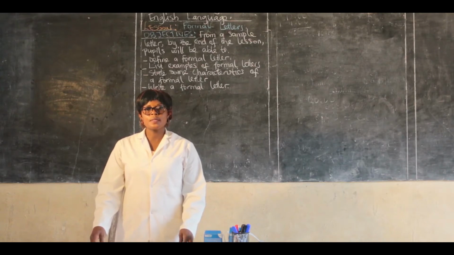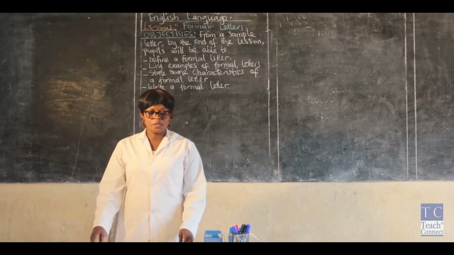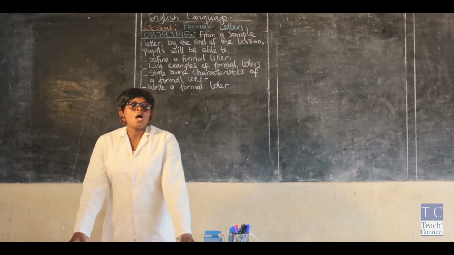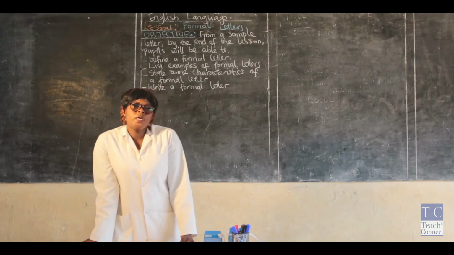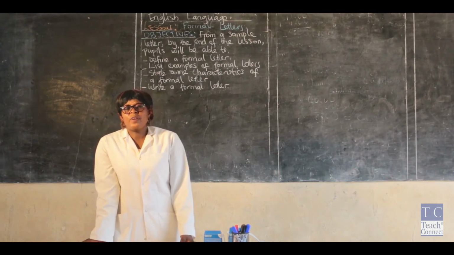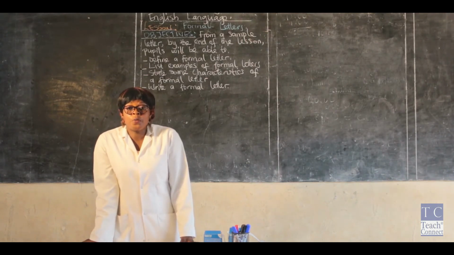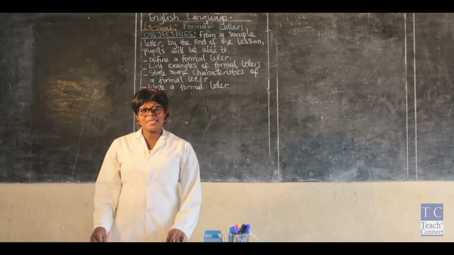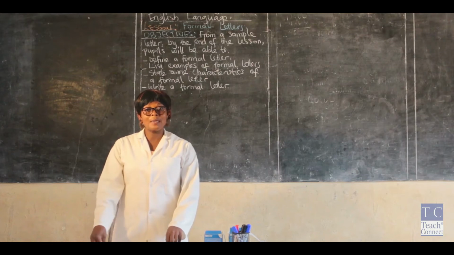To our parents, our friends, the head teachers, and teachers. Our focus for today will be writing letters to people in authority. Which are the kinds of letters you write to people in authority? Letters written to people in authority are known as formal letters.